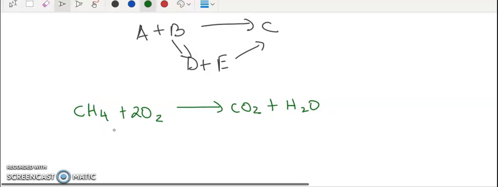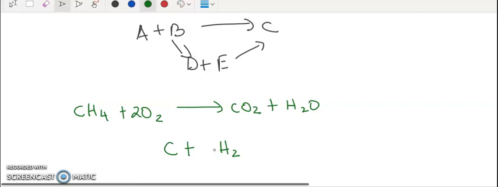It's made up of carbon and hydrogen. So it is C plus H2, and these elements should be in their standard states: carbon as carbon and hydrogen as H2.